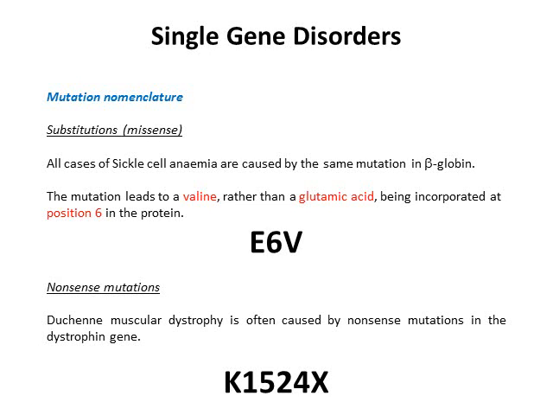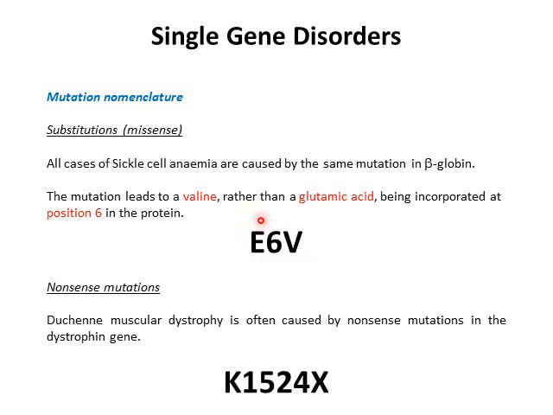If you look at the polypeptide chain that's encoded by the beta globin gene, the 6th amino acid in that chain is normally a glutamic acid. In people with sickle cell anemia, the 6th amino acid is a valine. So how we display that mutation is thus: E6V. The mutation is occurring at position 6 of the protein.